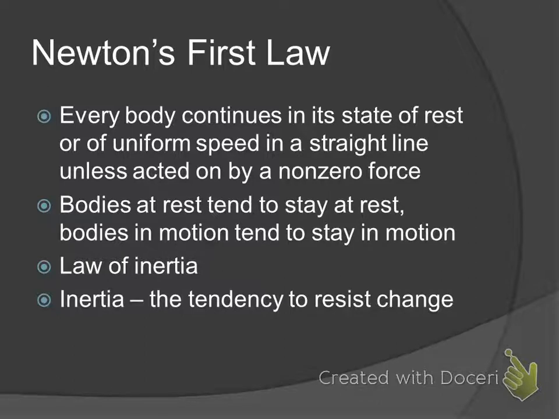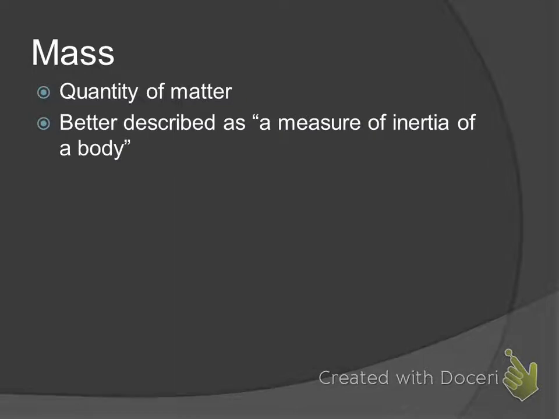Objects in motion, basically the difference between mass and what mass looks like to us now in these force calculations. Mass is always considered a quantity of matter, but we can better describe it as a measure of inertia of a body. Okay, the more mass something has, the more likely it is to resist change in motion.